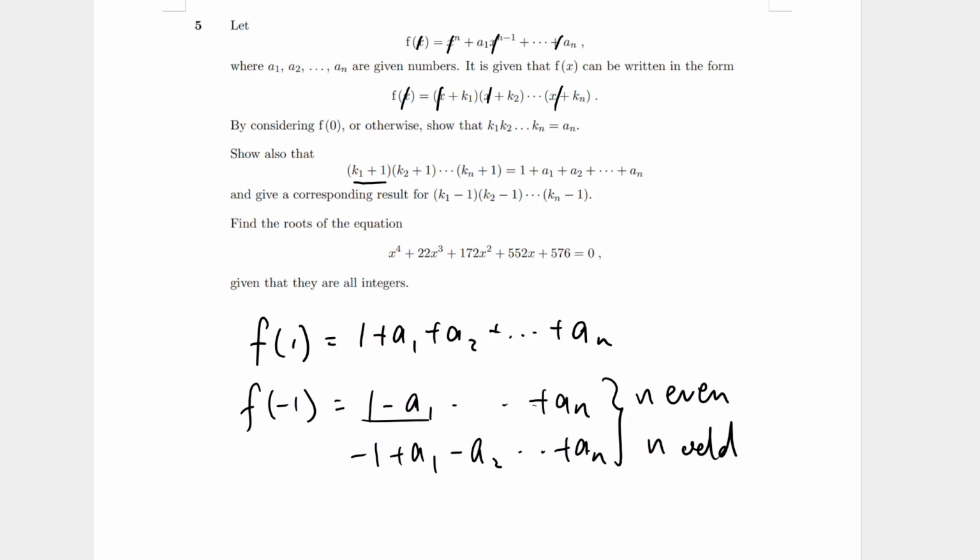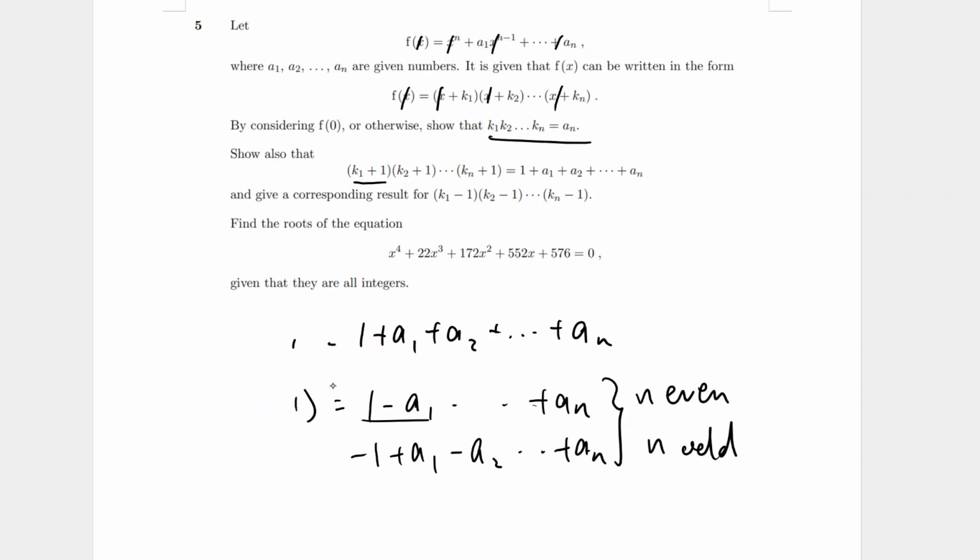Now we go into the meat of the question. Find the roots of the equation x to the 4 plus 22x cubed plus 172x squared plus 552x plus 576 equals 0, given that they are all integers. In a STEP question, always look back at the work you have done. They tell you that the product of the roots equals an.